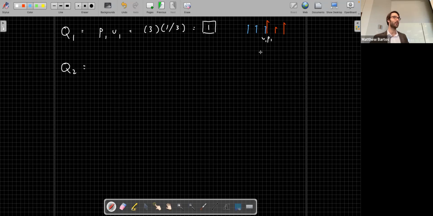And what we end up with is 2 bars that are overlapping. So this is now U2 P1, and this one here is P2 U1.